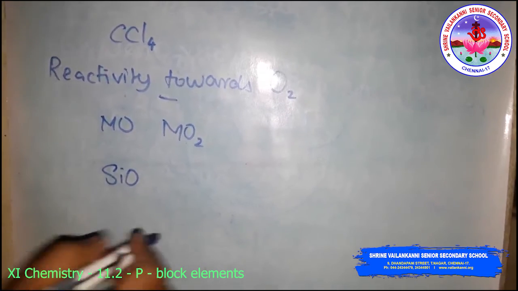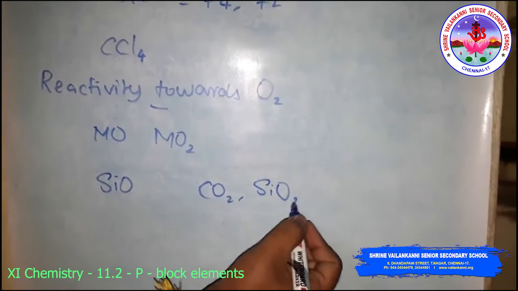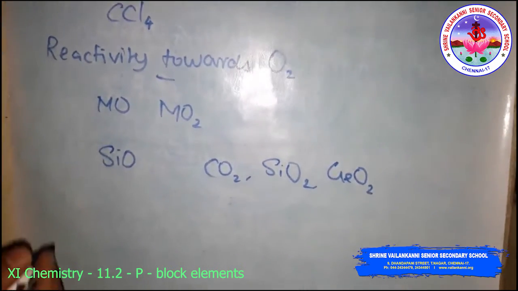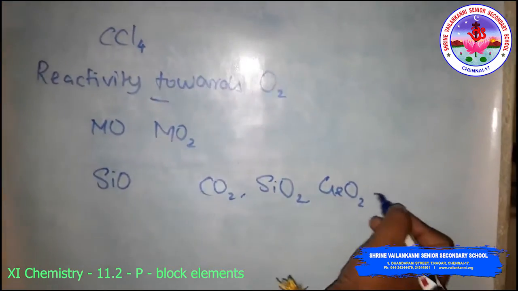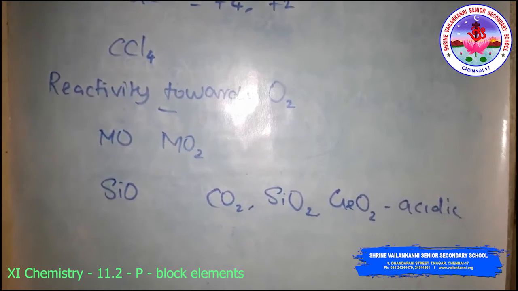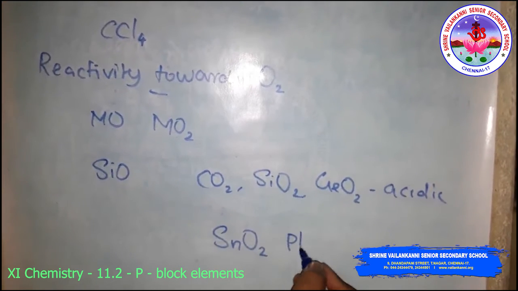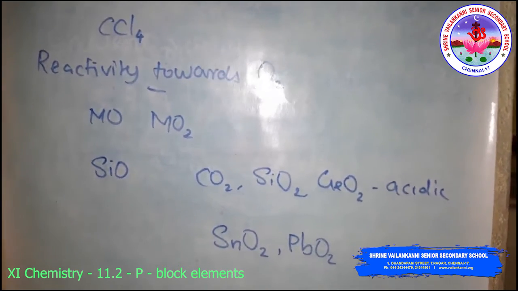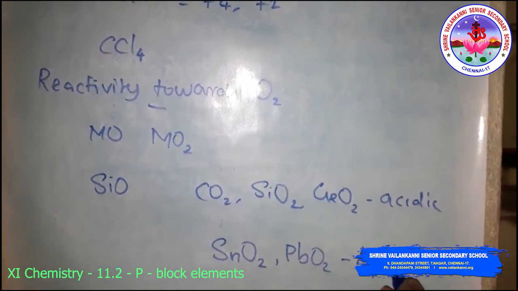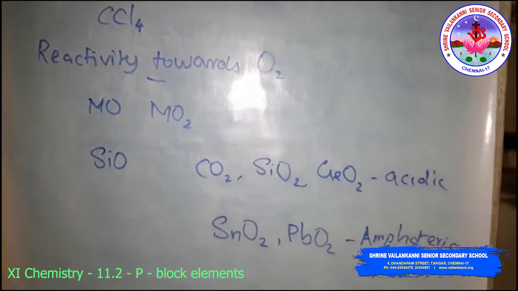So the dioxides, like carbon dioxide, silicon dioxide and germanium dioxide, are acidic, and SnO2, tin oxide, and lead oxide are amphoteric in nature.